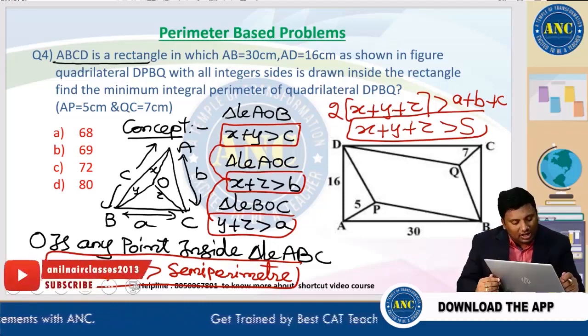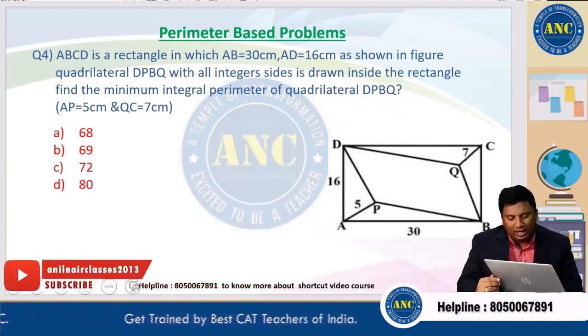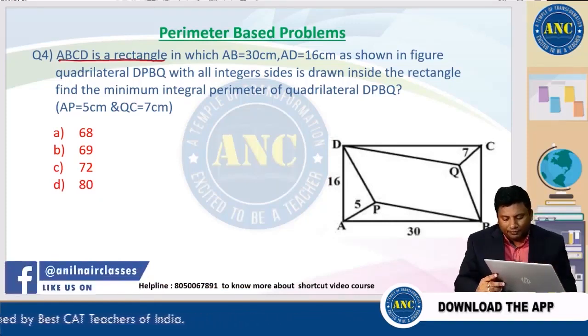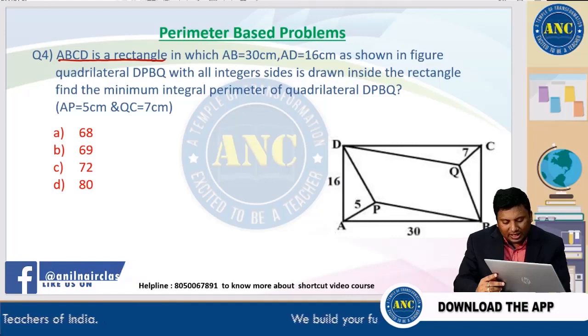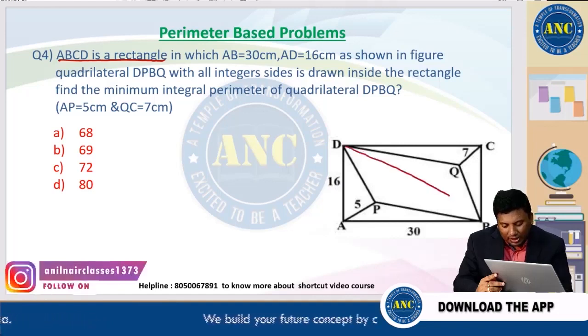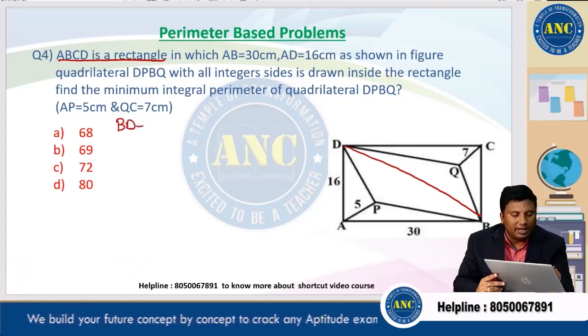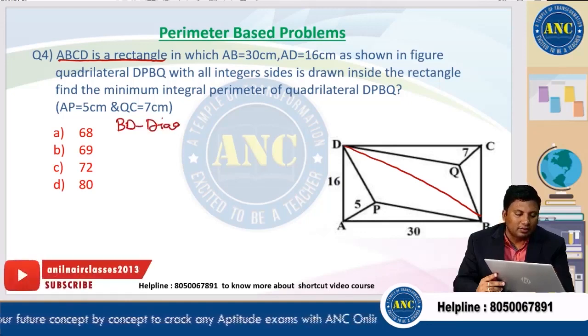Now I will use the same property here. ABCD is a rectangle. That means BD is nothing but the diagonal.